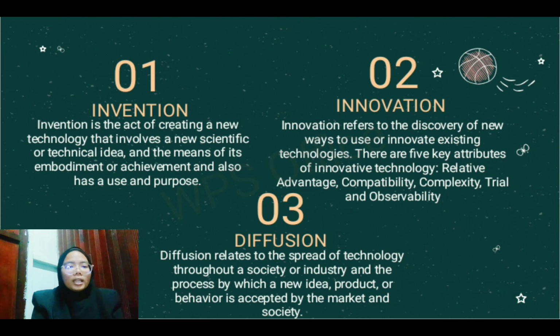Last, diffusion. Diffusion relates to the spread of technology throughout a society or industry, and the process by which a new idea or behavior is accepted by the market and society.